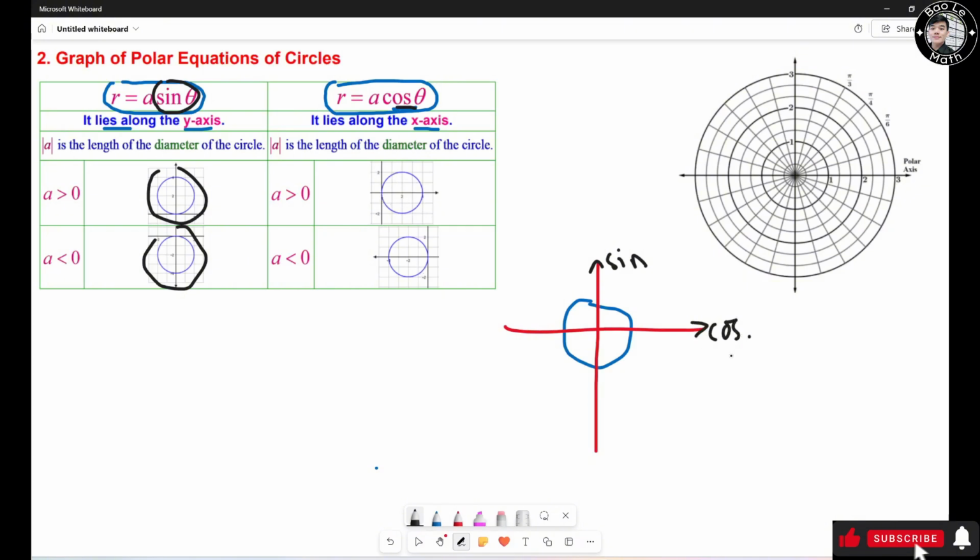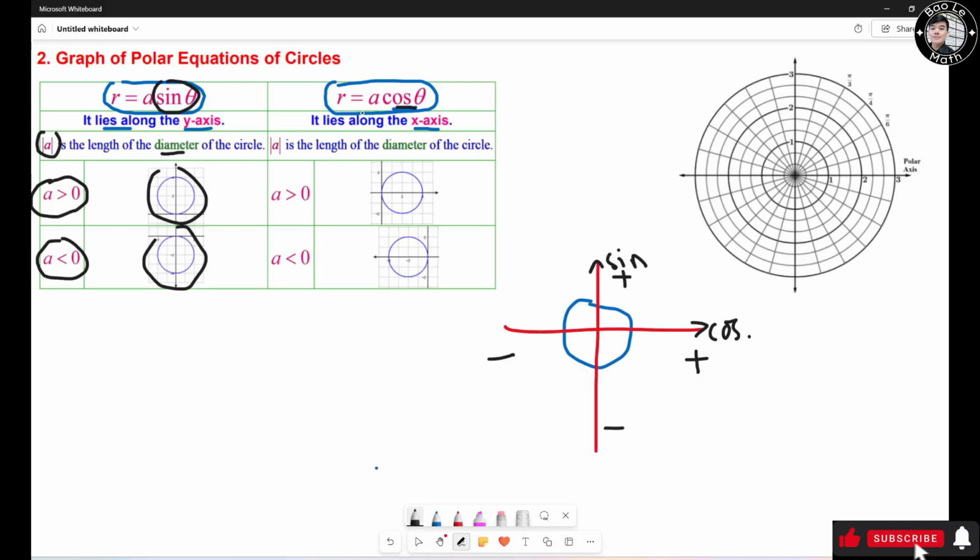The right-hand side is positive, the left-hand side is negative, the top is positive, the bottom is negative. If a is greater than 0, the circle is above the x-axis; if a is less than 0, it's below the x-axis. The absolute value of a is the length of the diameter of the circle.